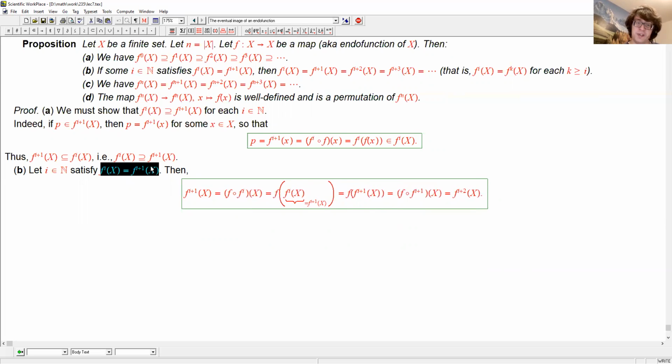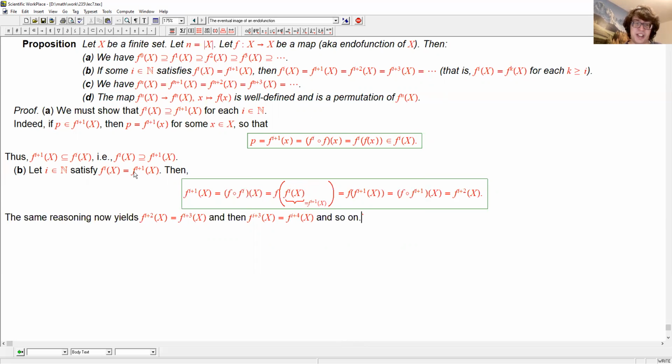So we started with f^i(X) being f^(i+1)(X), and we concluded that f^(i+1)(X) is f^(i+2)(X). The same reasoning now yields f^(i+2)(X) is f^(i+3)(X). Basically, we are raising the exponents on both sides. And we can keep doing this over and over. f^(i+3)(X) is f^(i+4)(X), and so on.